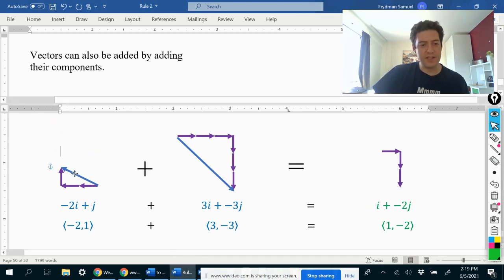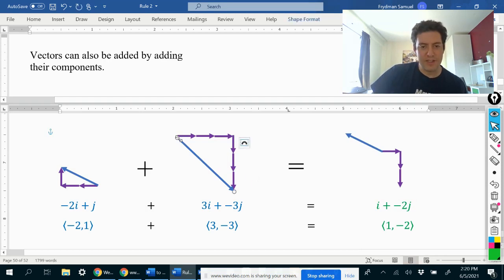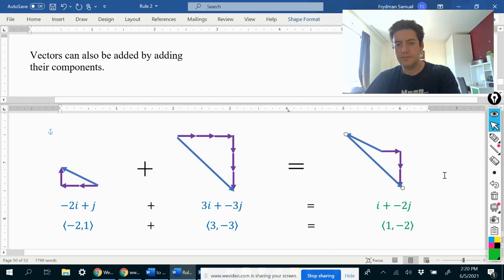If we take this first vector, position it over here, and then we connect the tail of this second vector to the head of the first vector. Right?